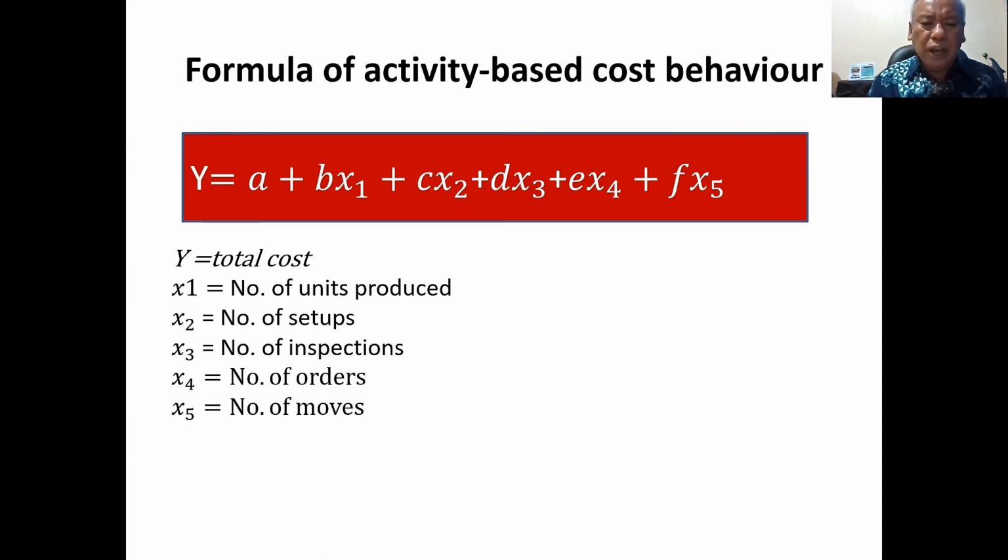So actually we have five variables in this case. The total cost is influenced by five variables: one unit driver and four non-unit drivers.